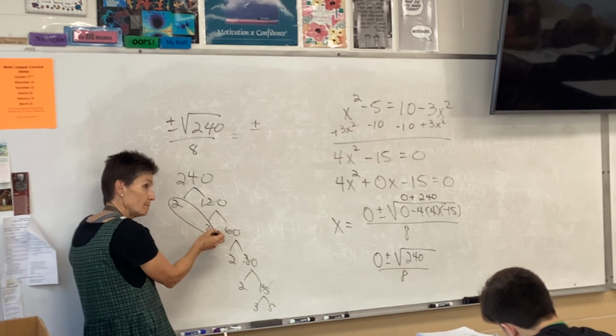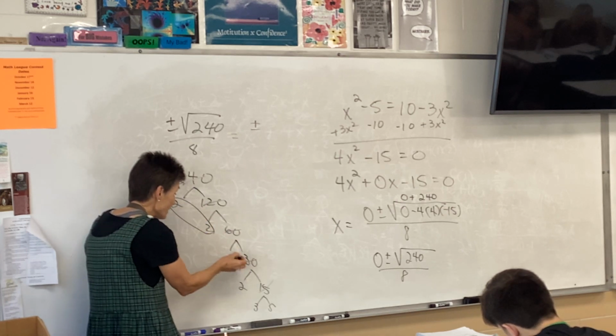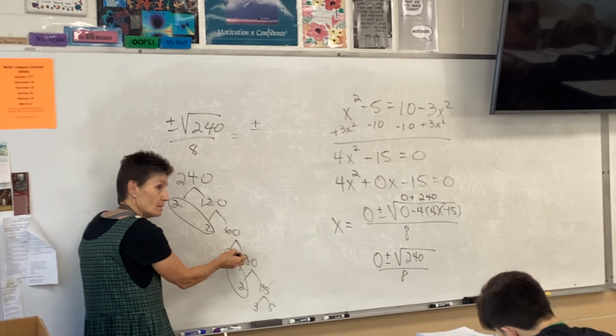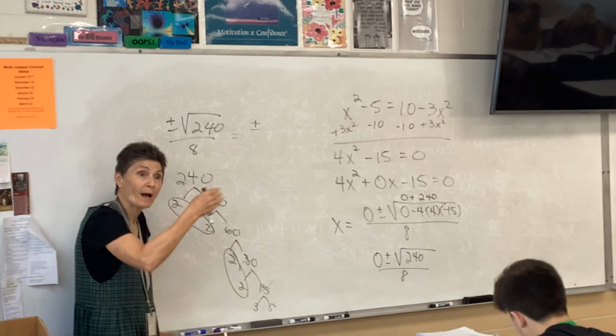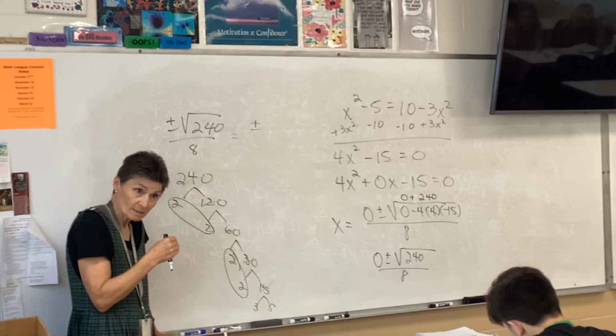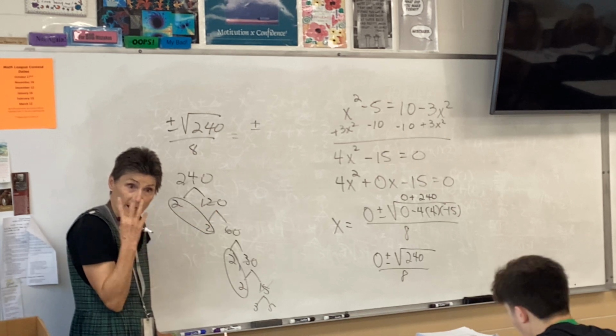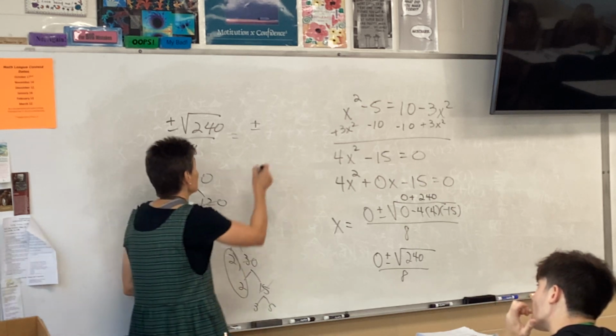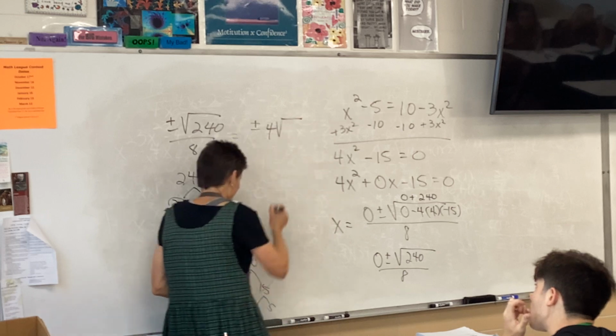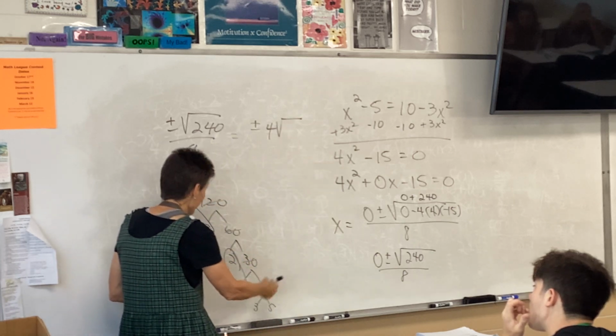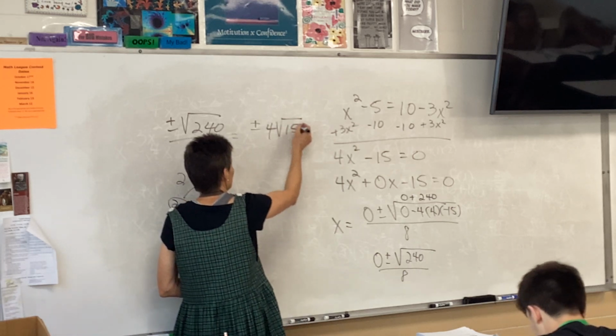A pair of 2's here, and a pair of 2's here. So I'm bringing 2 out twice, which is like bringing out a 4. And all I have left is my 3 and my 5, which is just 15.